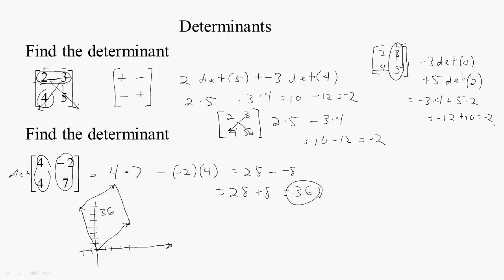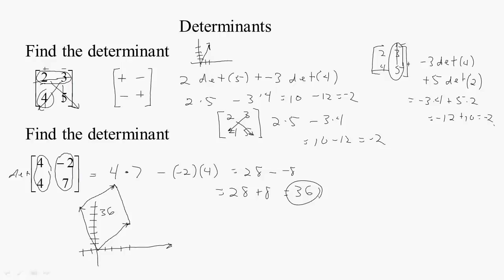Now sometimes the determinant turns out to be negative. If you were to draw the parallelogram created by these two, you would find that the area is just the absolute value of this, which is 2. So you make a little parallelogram. In this first case, we're talking about a parallelogram where you go over 2 and up 4.